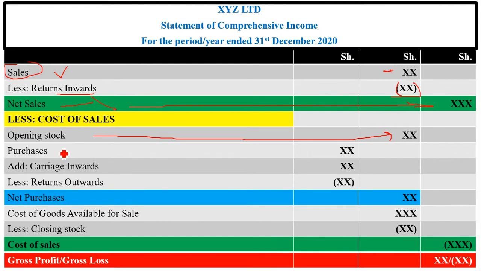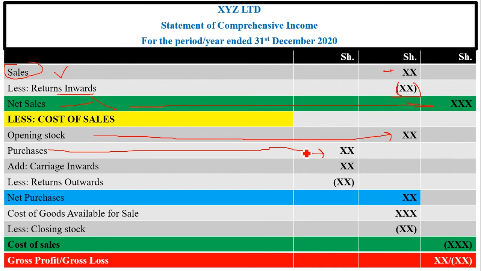Then the other cost that you need to add here is the cost of purchases. These are now new stocks. If you are selling calculators, you only have 2 calculators, and you need to have several. You need to have more calculators, so you need to buy more calculators. So when you buy these calculators, the cost of buying, the buying price, that is also a cost. So you add it. You need to include it into the cost of sales.